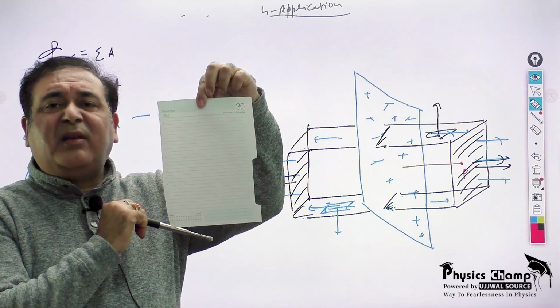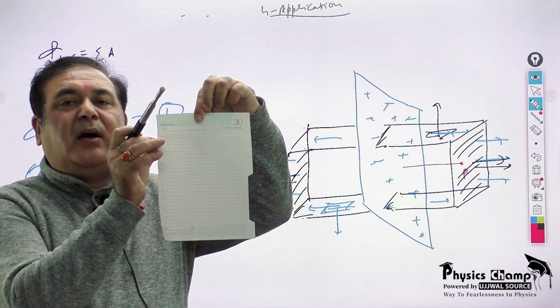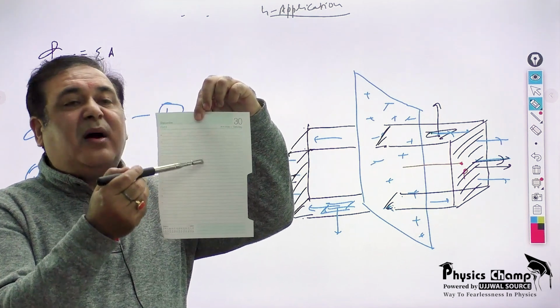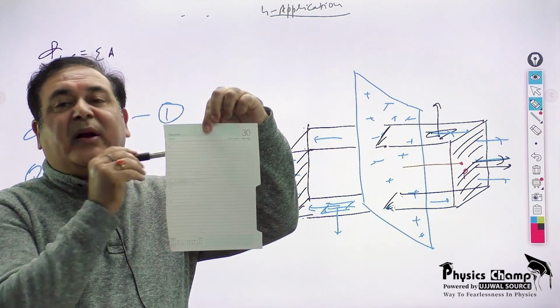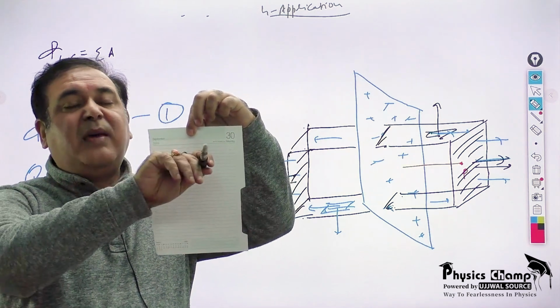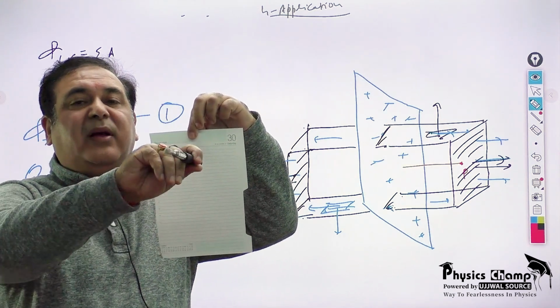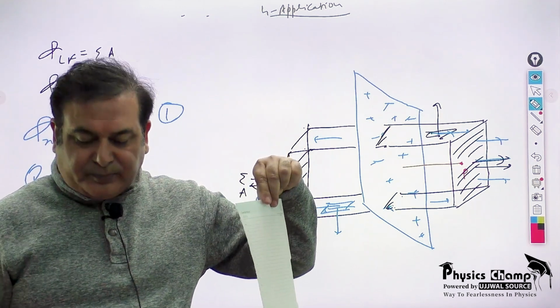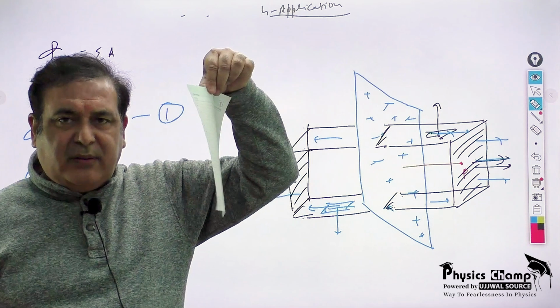It is such a thin sheet that there are not many layers of charge. Instead, the same charge in one layer is also acting as a charge for the other direction. So the same charge is providing electric field here and the same charge is providing electric field on the other side. So this is a thin sheet.